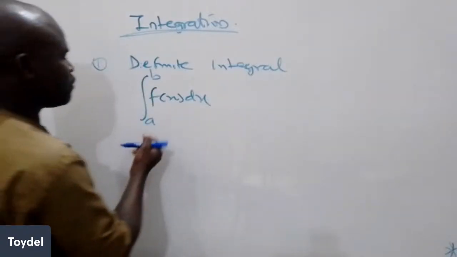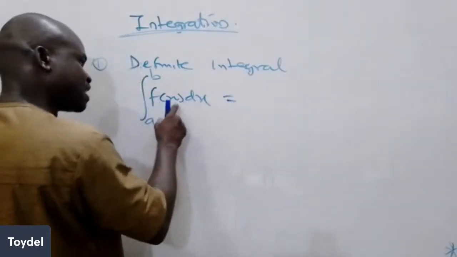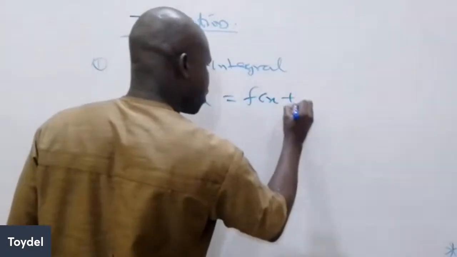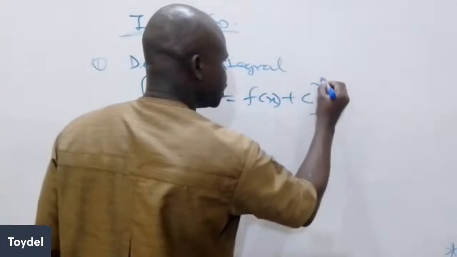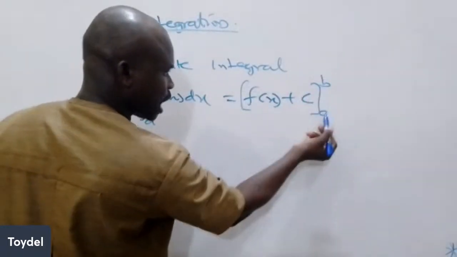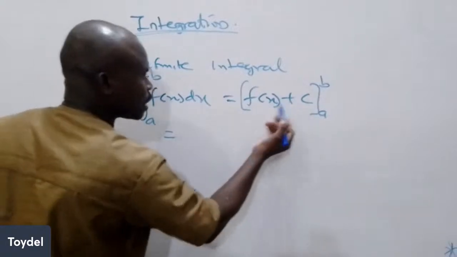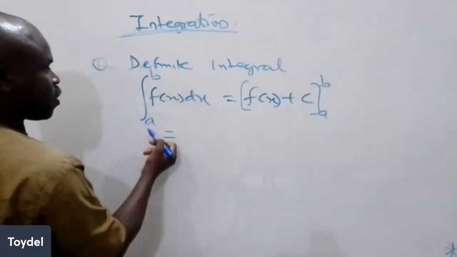Let's see. If I integrate f of x dx, I'm going to get F of x plus an arbitrary constant. This is what I'm going to get. Then we put the bound a to b. That's the bound. So we are going to substitute this upper bound and this lower bound. From there, we substitute for x: when x equals b, minus when x equals a. That's the implication of this upper and lower bound.